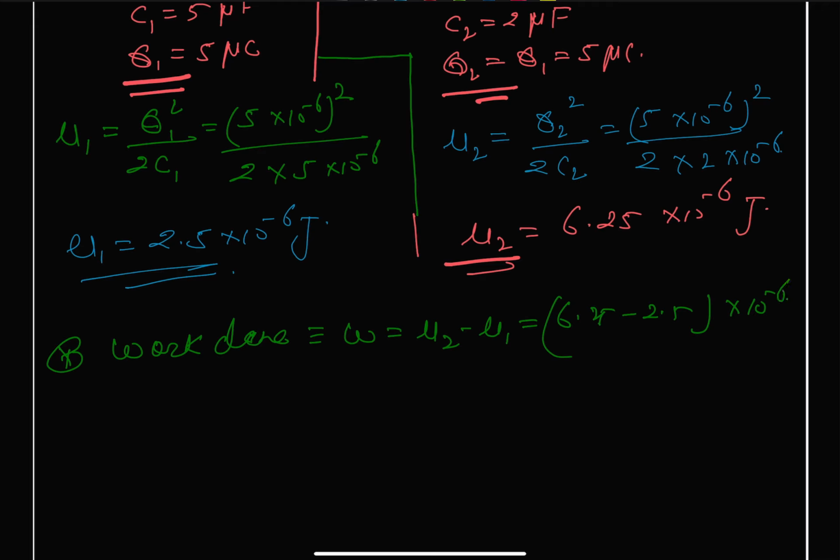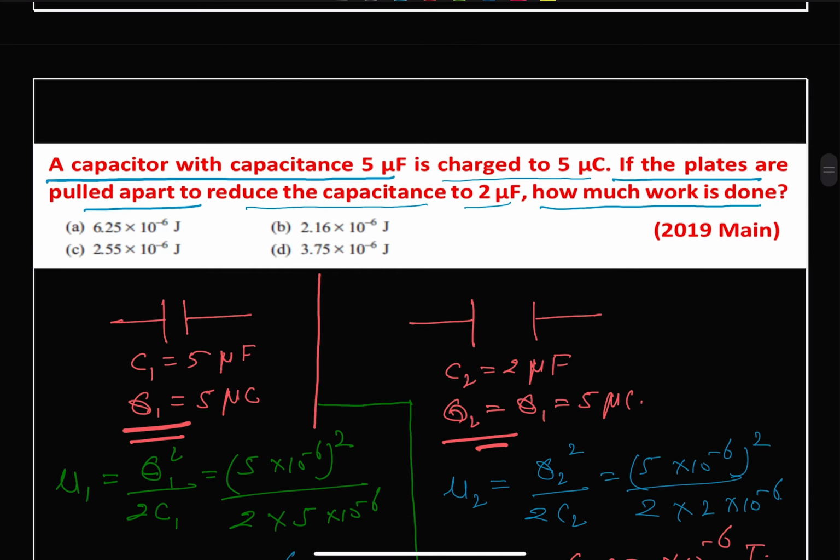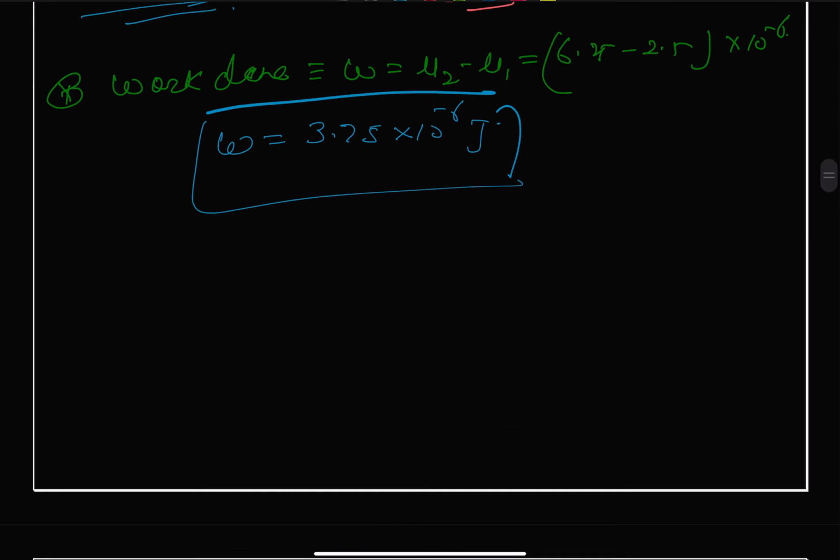So we get our work done W is equal to 3.75 into 10 to the power minus 6 joules. So this comes as 3.75. Option number D is the correct one. Option D is correct. Next question.